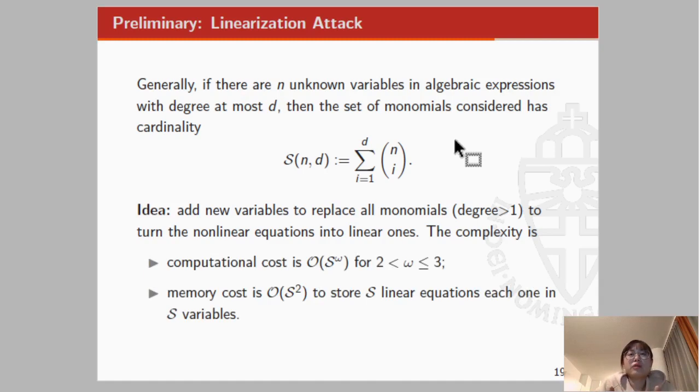So we can solve it again with the Gaussian elimination, and the time cost is less than s to power 3, and the memory cost is about s to power 2.